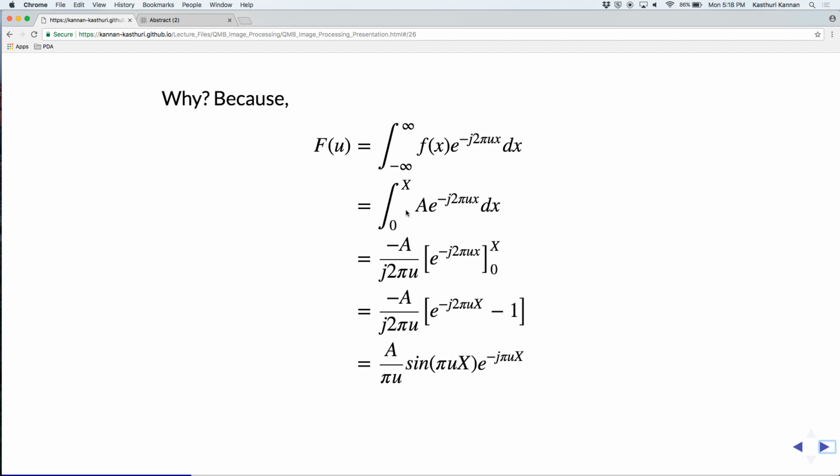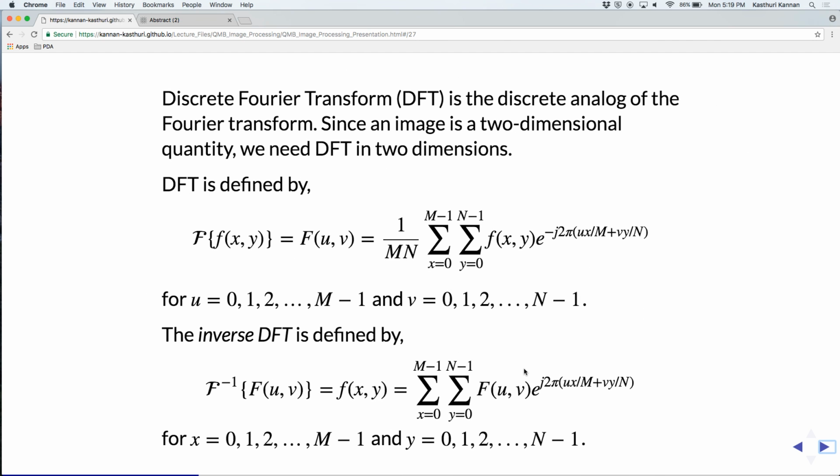This is defined only between 0 and X, so the integral reduces to this, and with some basic mathematics we can see that this is A over pi u times this function here.